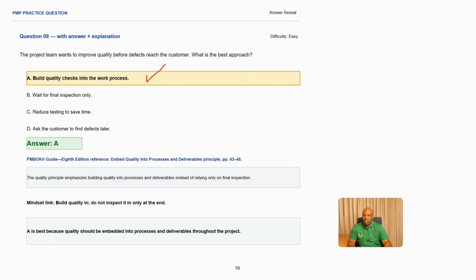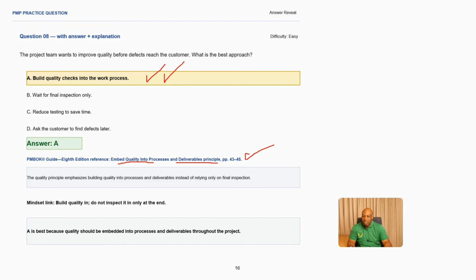You need to build quality throughout the project. So you also need to make sure that you have quality checks in the work process. So during your execution process, you also have to make sure that you have your quality checks. So which domain or principle are we looking at here? You need to embed quality into deliverables. You can also get this from the PMP book.